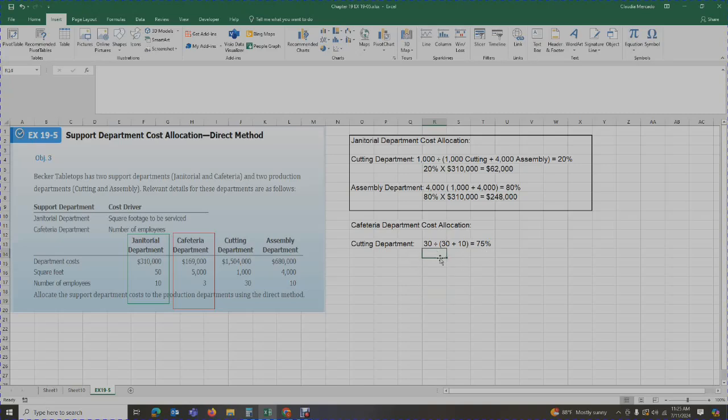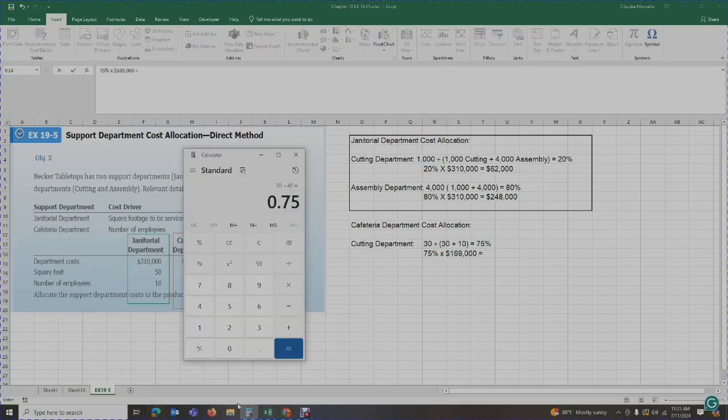Now that we know that, we're going to get the 75% that we calculated, and we're going to multiply that by the cost. The cost for the cafeteria is $169,000. So we're going to get the 75% times the 169,000.